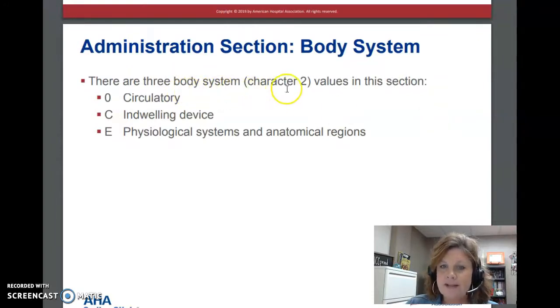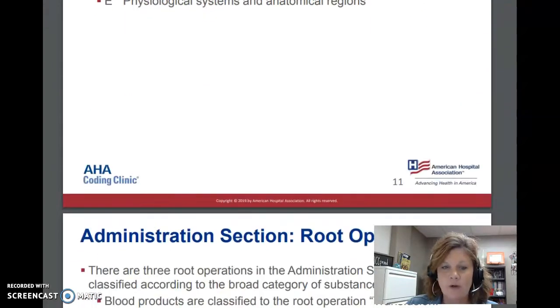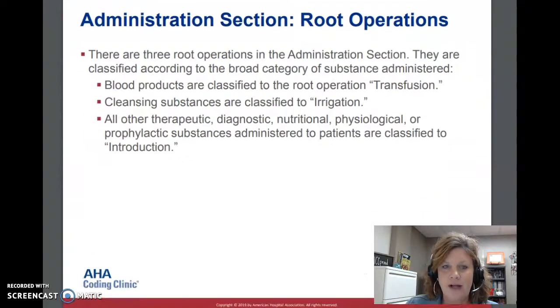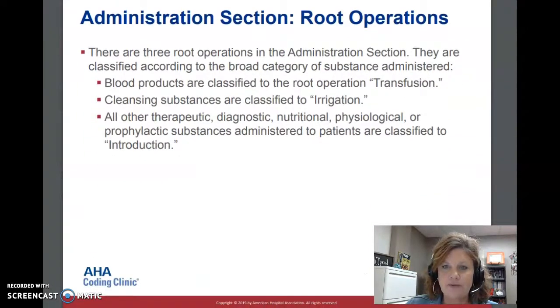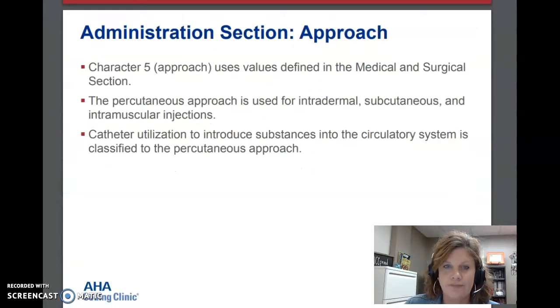There are 3 body systems for character 2 in this area: circulatory, indwelling device, physiological systems, and anatomical regions. Our root operations are transfusion, irrigation, and then other therapeutic, diagnostic, nutritional, physiological, or prophylactic substances administered to patients, which are classified to introduction.